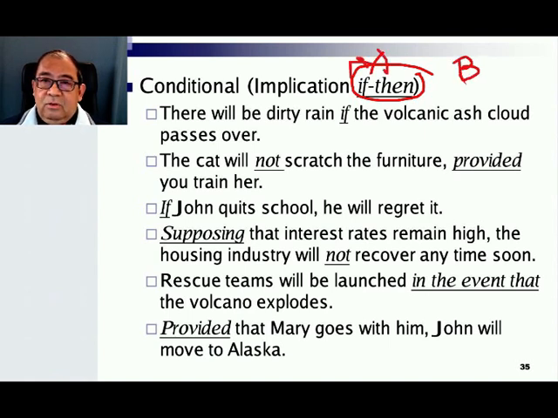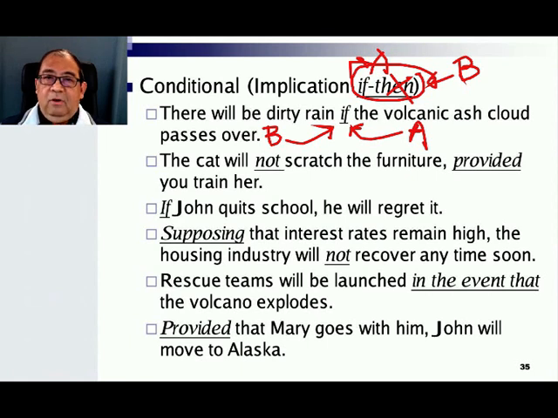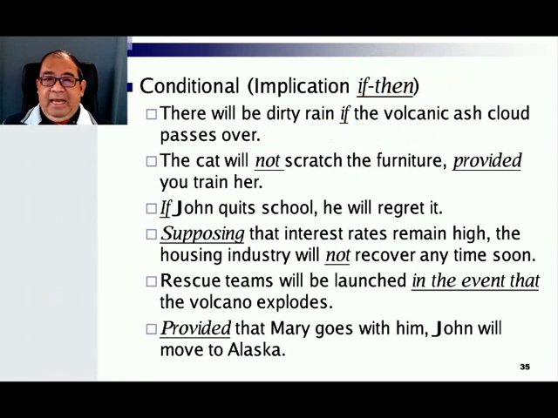Usually the A is after the if, and the B part is after the then. But if you don't use the then, then part A is after the if, and part B is before the word if. This is the English way of saying if then, with or without the word then.